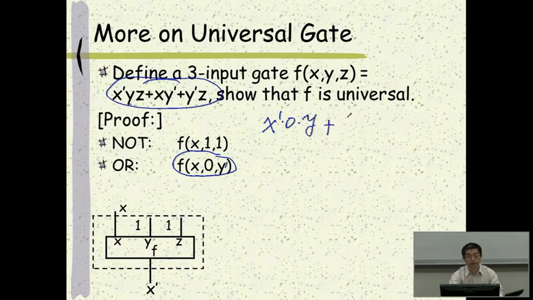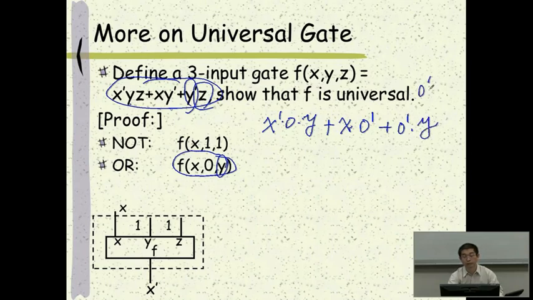Plus the first variable, which is x, times the complement of the second variable, which is 0 complement, plus the complement of the second variable times the third variable, which is y here. And because we know 0 complement is 1, and 0 cancels this one, the only thing left is x plus y, which is the logical OR.